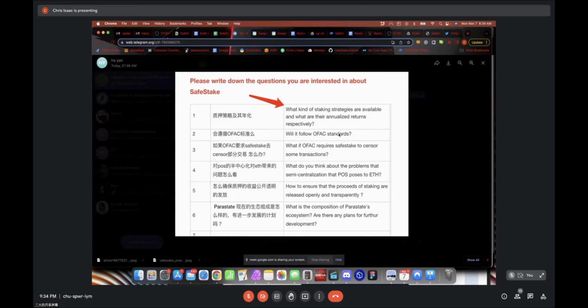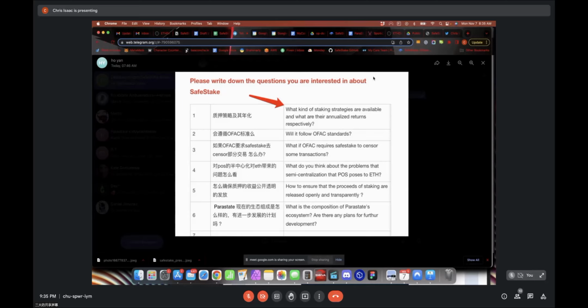Okay. Will it follow OFAC standards? No, not necessarily. Kelly and I were talking about this a little bit before the presentation, but the concept of MEV, the maximal extractable value that you can get out of a block and block production, the way things are ordered in the block, as well as the fees that people have paid in gas and in tips, priority fees, to get their transaction included.